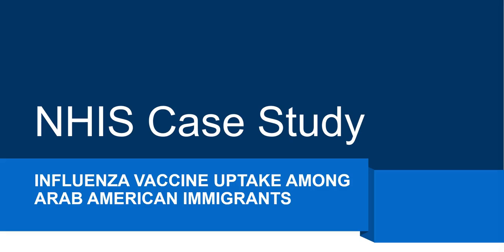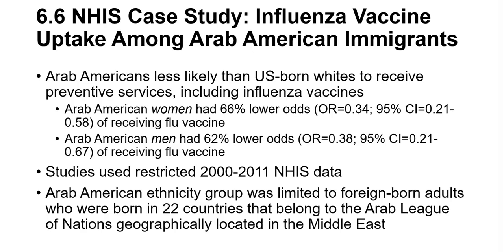Okay, so in the previous slides I went over all of the background information on the NHIS. And now the next section will cover the case study, looking at influenza vaccine uptake among Arab American immigrants. Here's a little bit of background information on why we are using this as our case study in section 6.6. Arab Americans are less likely than U.S.-born whites to receive preventive services, including influenza vaccines.